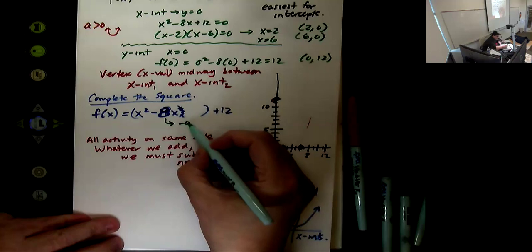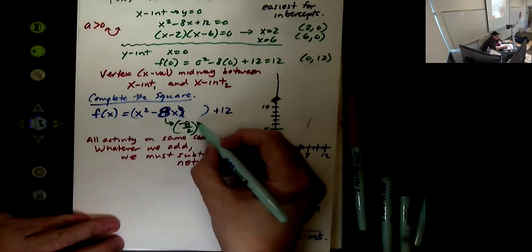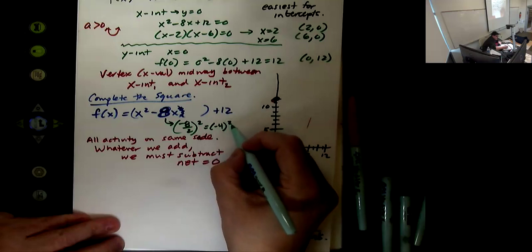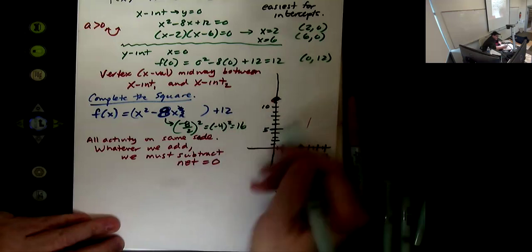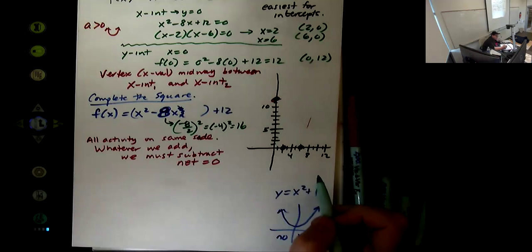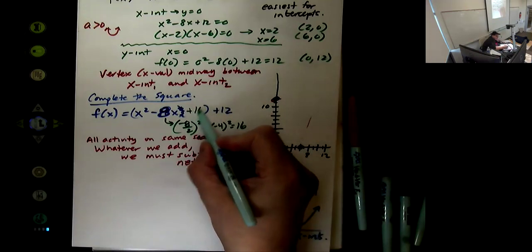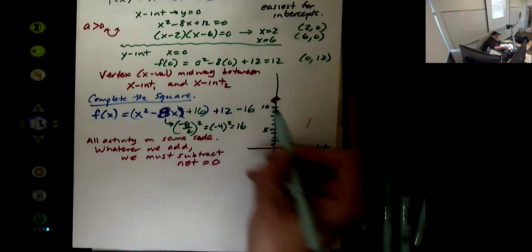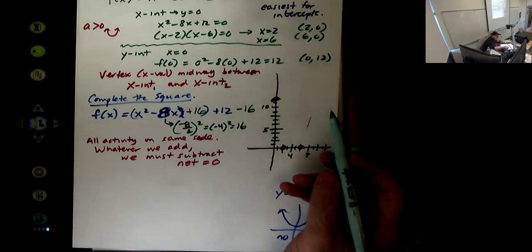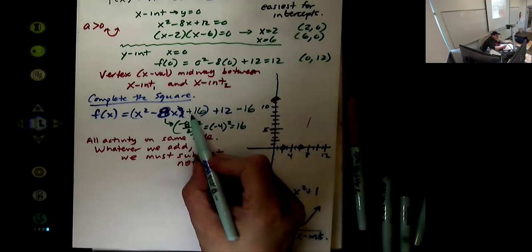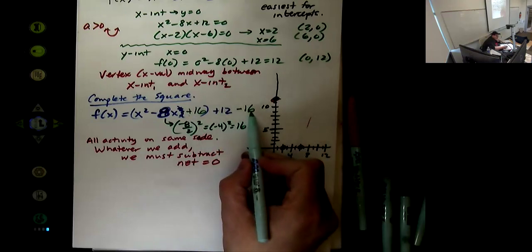Bring that down, chop it in half, square it. -4 squared is 16. And then when you bring 16 over, it's negative, not positive. So I added 16 on the inside. I'm going to subtract 16 on the outside.